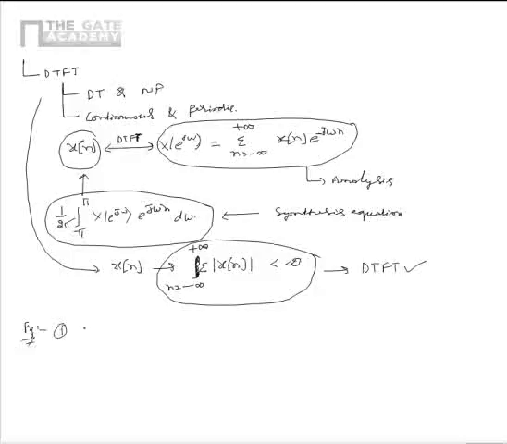So we have to find the DTFT of delta of n, which is given as sigma n equal to minus infinity to plus infinity delta of n e power minus j omega n. We know that by the nature of this, the summation will be finite only for n is equal to 0. So at n is equal to 0, we see that this value is 1.